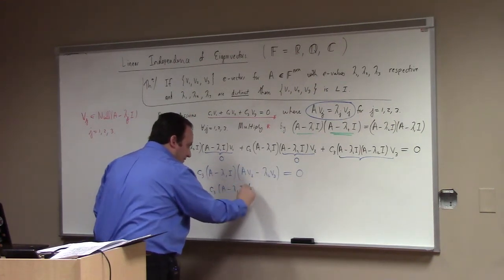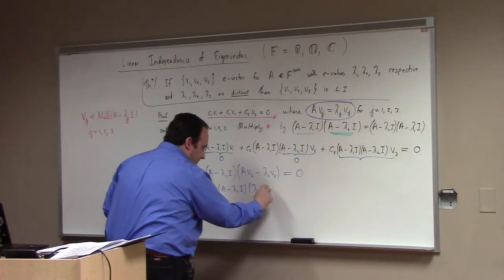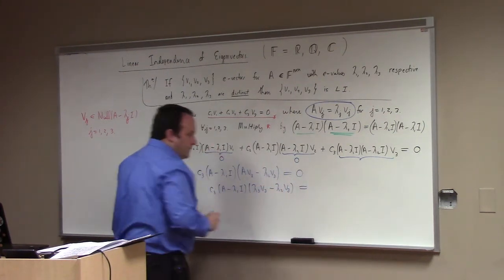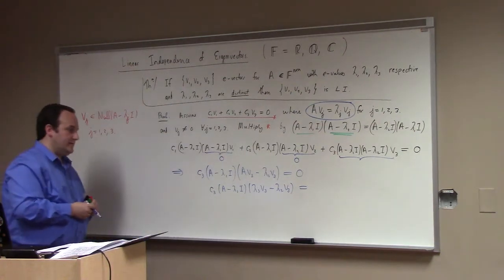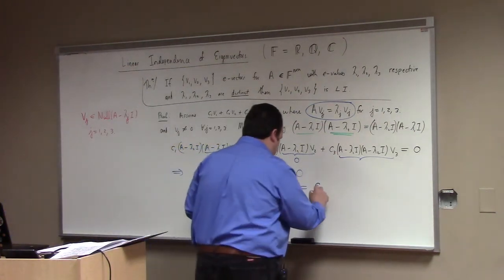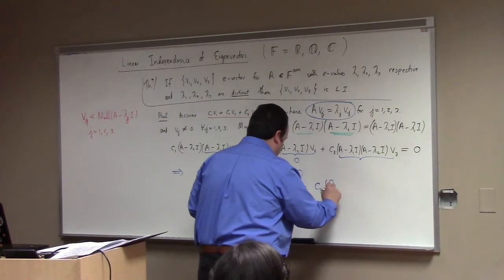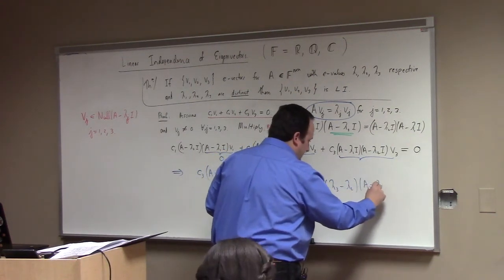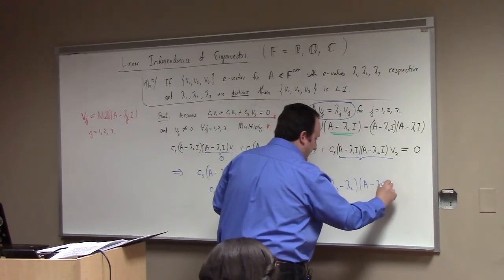A v3 is lambda 3 v3, so I can pull that v3 out. In fact, I can rewrite this as c3 times (lambda 3 minus lambda 2), and then I've got A minus lambda 1 I hitting the vector v3.